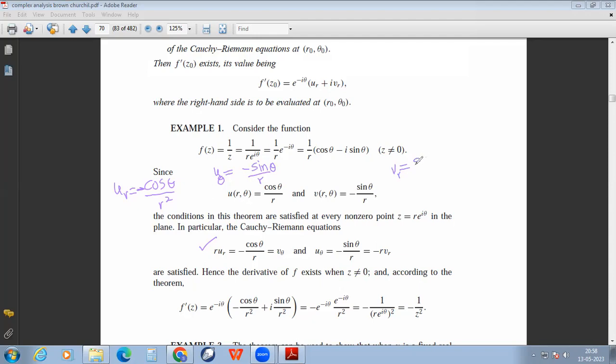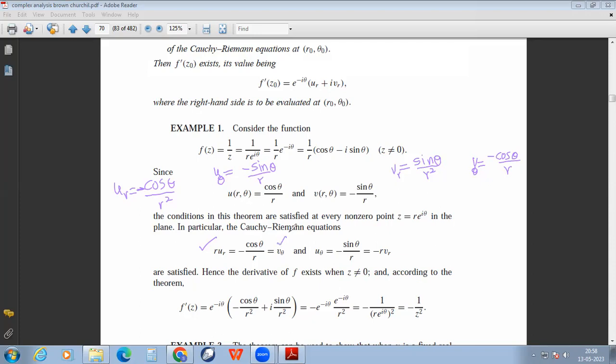It has to be sin theta upon r square. And v theta, what will be v theta? Cos theta upon r. Minus cos theta upon r. Is it right? So if you take this r up, you get r u_r, and that value matches with this minus cos theta upon r, which is v theta.